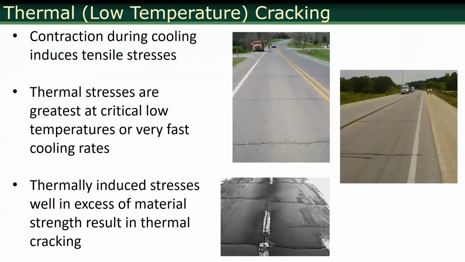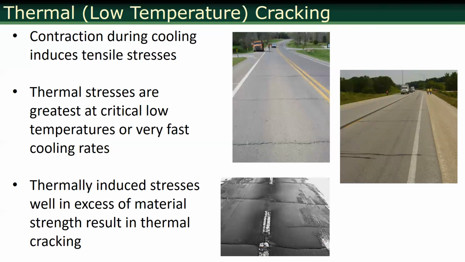Low temperature cracking is because of temperature fluctuations. You have transverse cracking, so contractions during cooling induce tensile stresses. You have contraction and expansion because of the daily and seasonal variations of temperature.